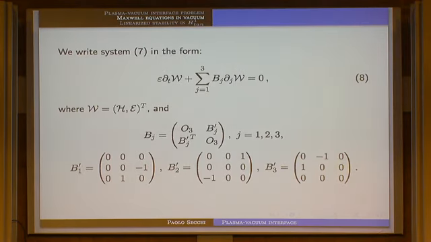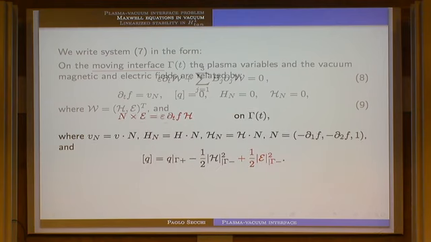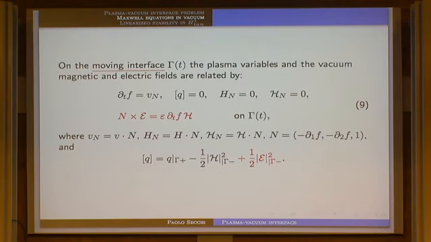Okay, so we write the Maxwell equations in this form again as a symmetric system, to be concise. Okay, with matrices B, we couple the two, H and E, the variables in W. Now, the new boundary conditions on the moving interface are these.